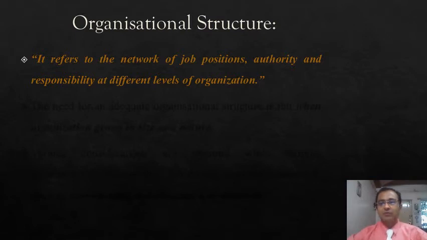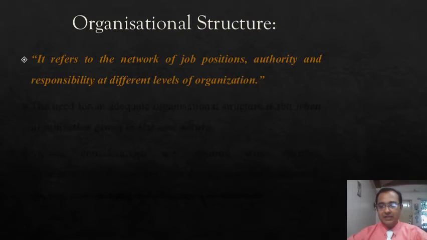Who will perform which activity, when it will be performed, where it will be performed, how it will be performed, who is going to perform all these activities, who will report to whom, who will take orders from whom. All this will be practically implemented at the stage of organizational structure. Whatever was planned, the actual implementation of that plan would be at this stage.